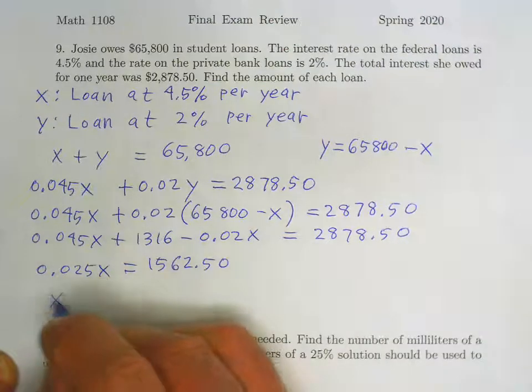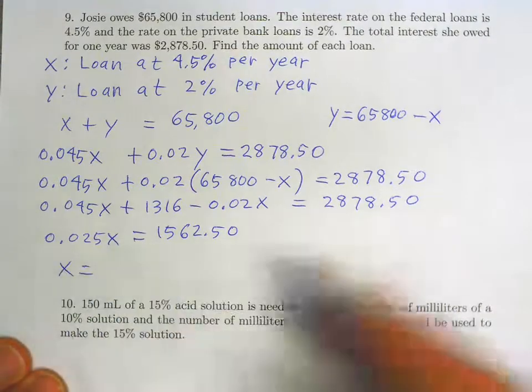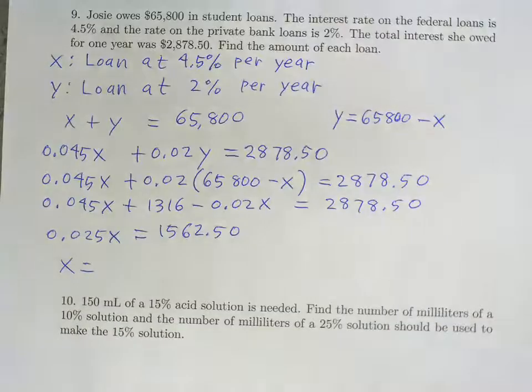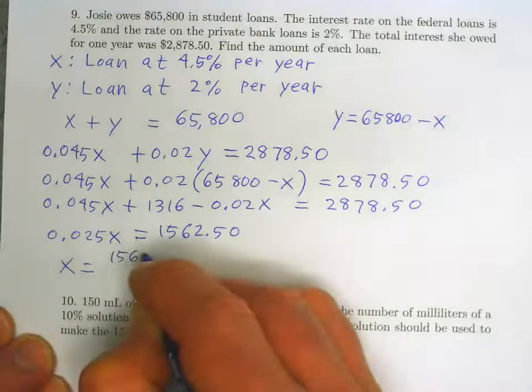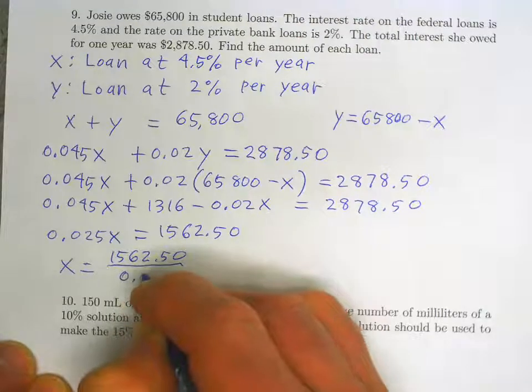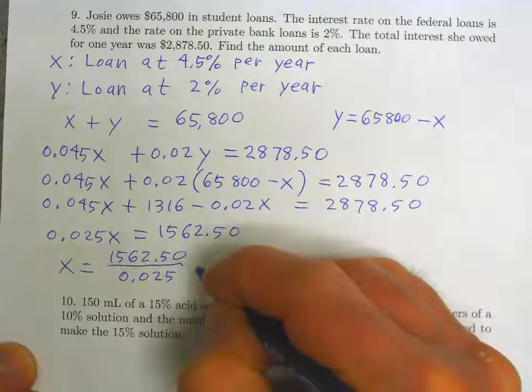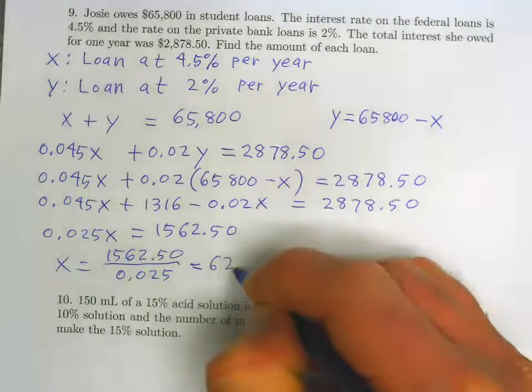Okay, then you can divide both sides using a calculator by 0.025. So 1562.50 divided by 0.025. And that's going to be $62,500.